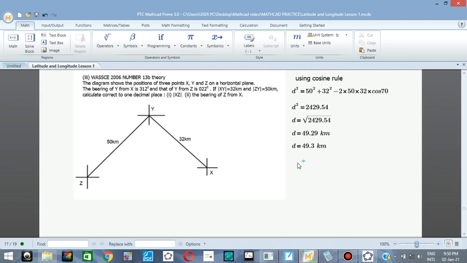So d is that. Let me put the rule I'm using. So using sine rule, d is 49.29, so 49.29 divided by sine of the angle facing it.